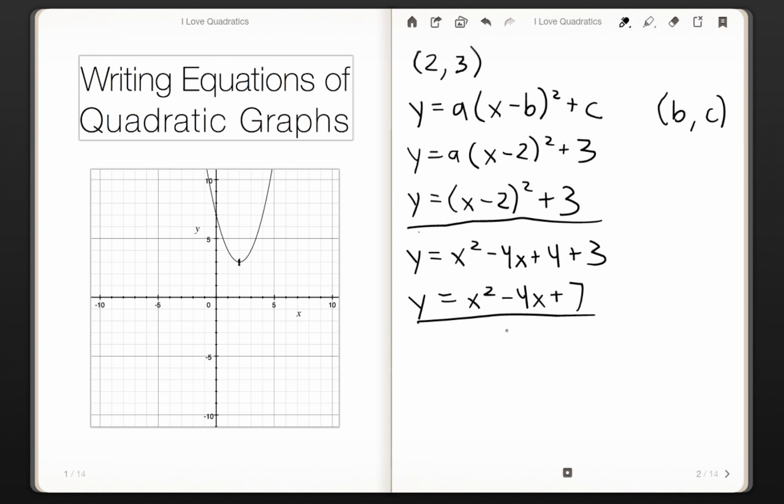So that's going to be our final answer. So now if we were starting with this, we would just do this process in reverse, where we would convert it to the vertex form here, plot the vertex, and figure out that a here is 1, so we would draw this graph.